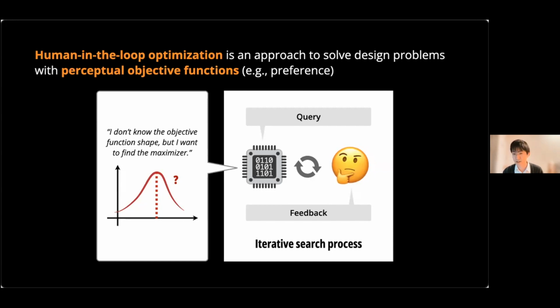And then the human evaluator provides some feedback based on his or her perception. And through this iteration, the machine processor finally finds the maximizer of this unknown objective function.